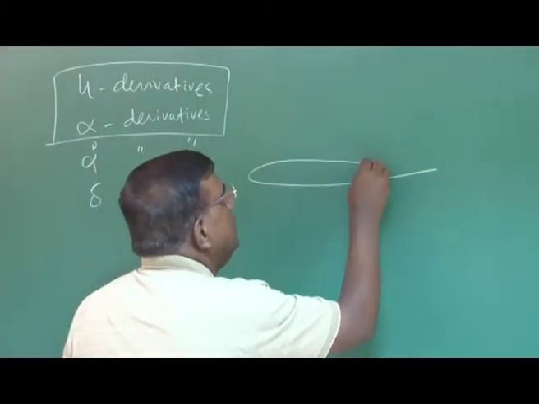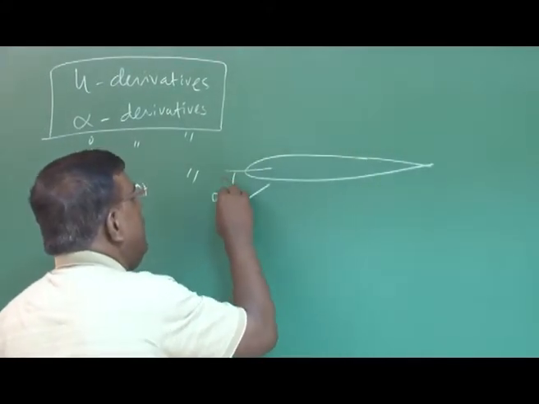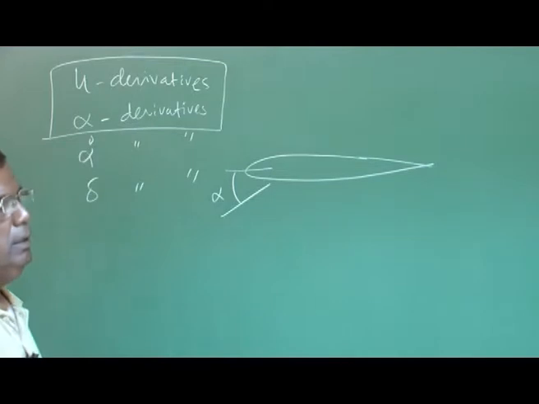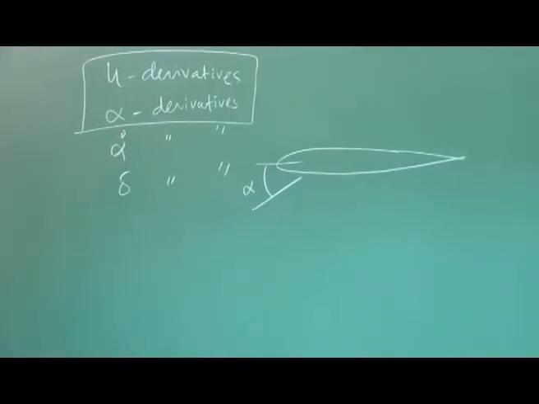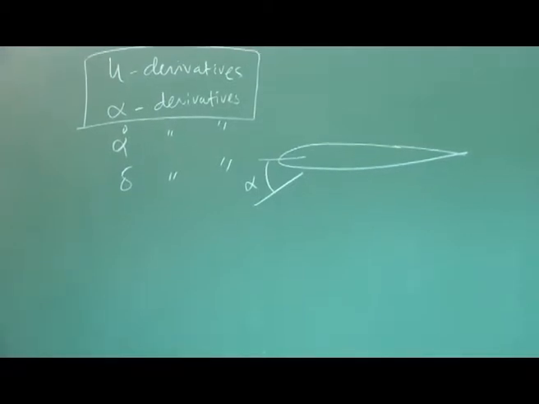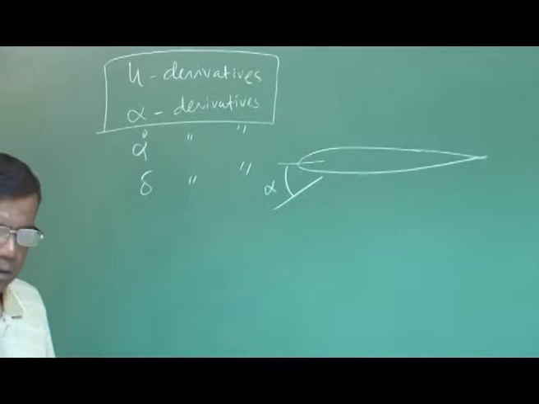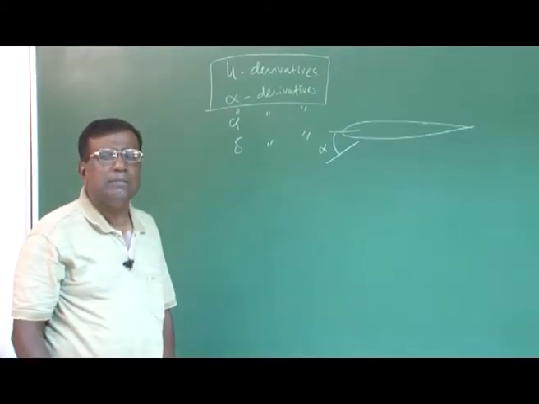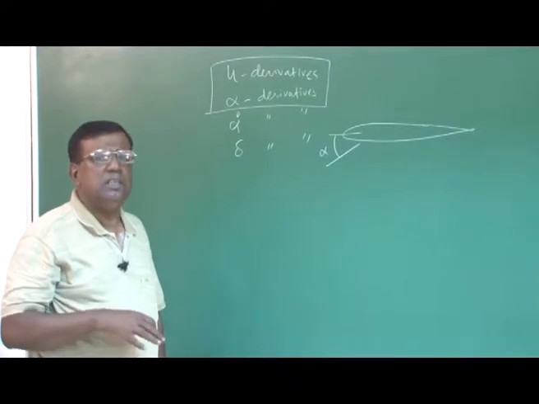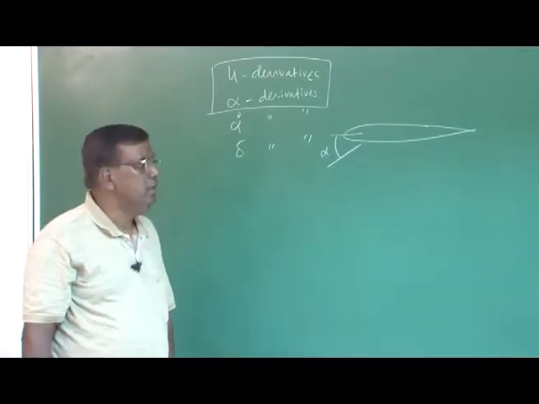if this is the wing and if it sees an angle of attack alpha, theoretically speaking, for normal flight, a normal type of maneuver, the lift build-up is not instantaneous. It takes time for pressure distribution to happen, and then the lift gets activated.